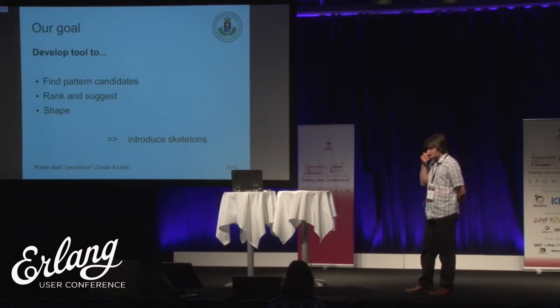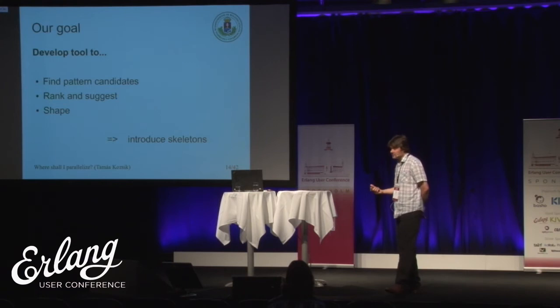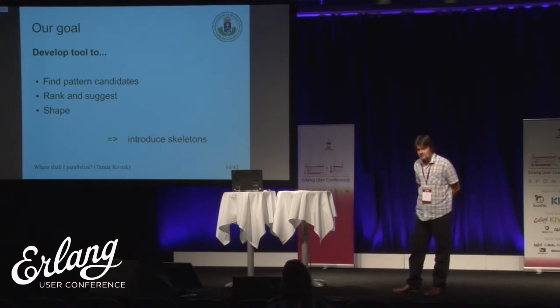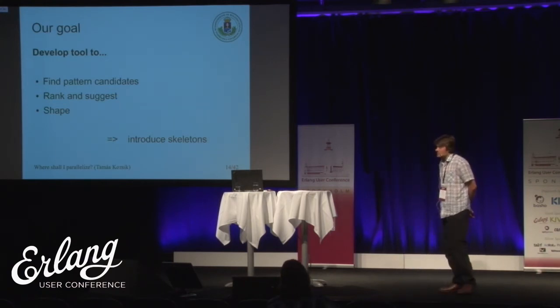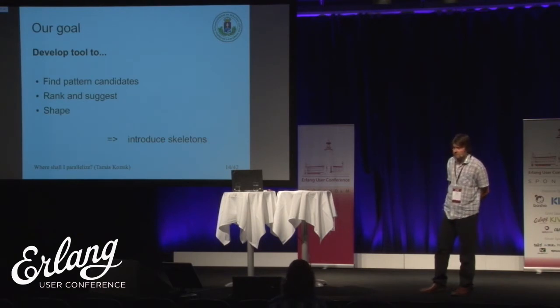So our goal is to develop a tool that is able to do this pattern identification. The tool should be able to find that, yes, this is a place in the code where you can introduce a skeleton to describe the structure of the parallelization. And if you have many such places in your program, then the tool is able to choose the best ones to introduce parallelism.